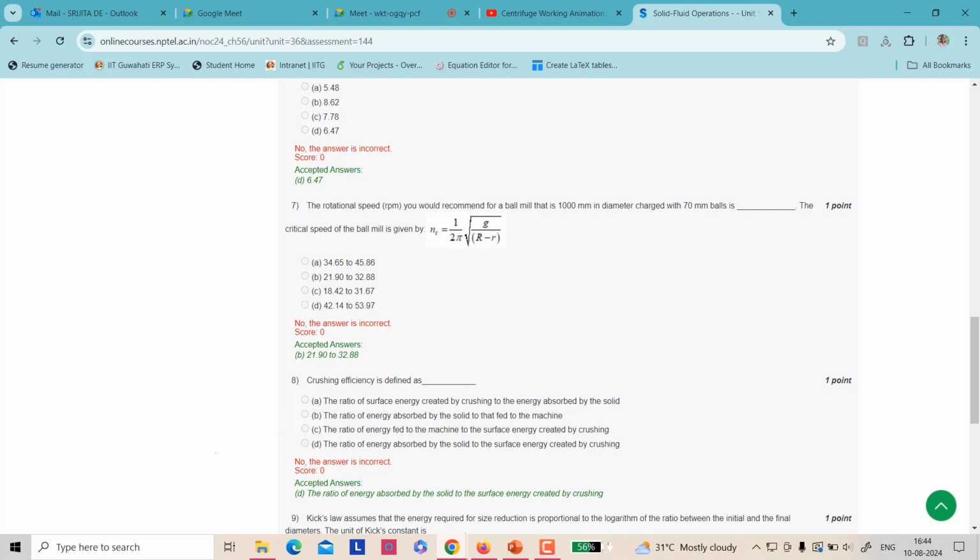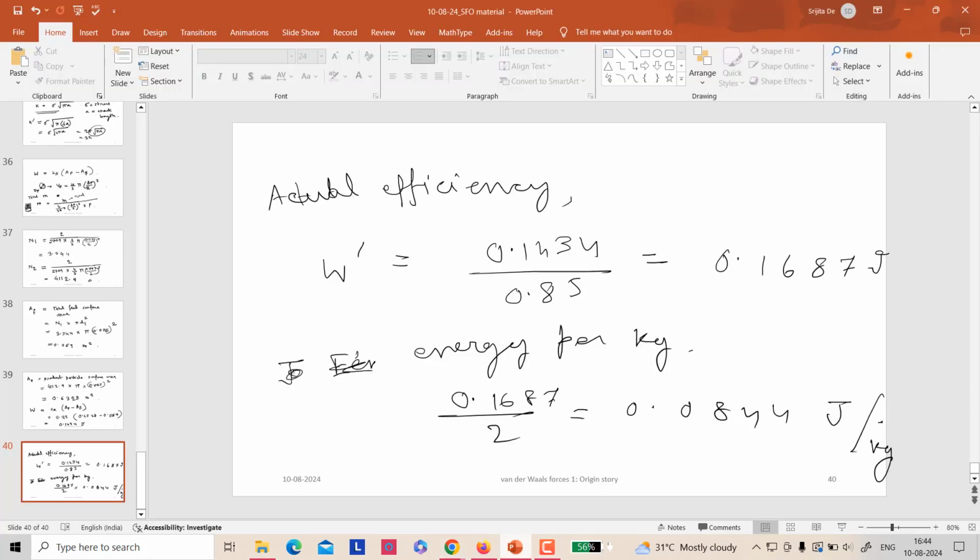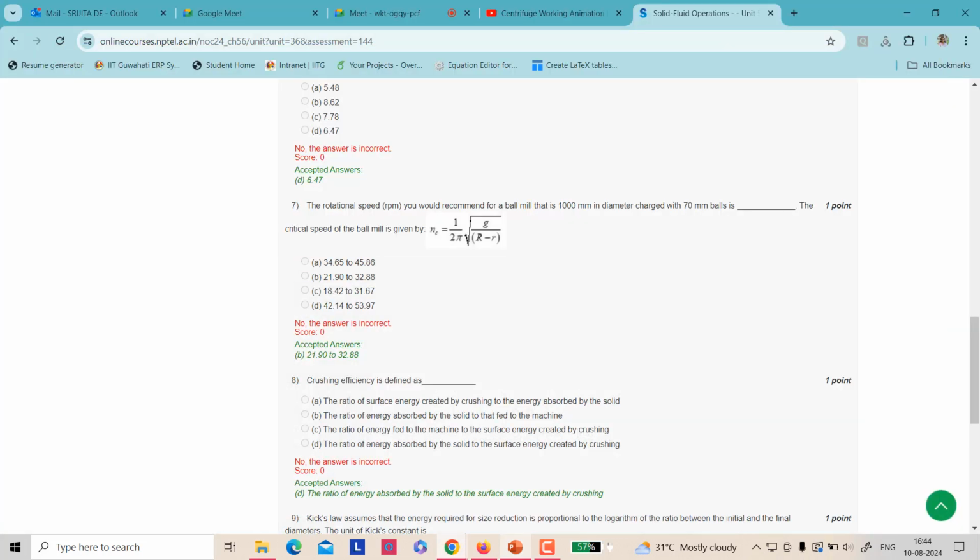The ratio of energy absorbed by the solid to the surface energy created by the crushing. So what was your question? They gave option D, ma'am, but the answer is A. It should be A, no, ma'am. It's the ratio of energy created by energy absorbed.